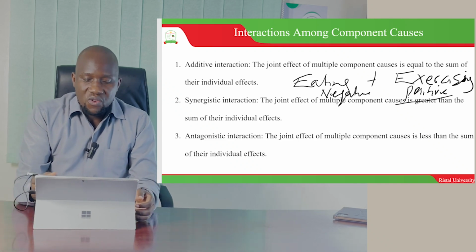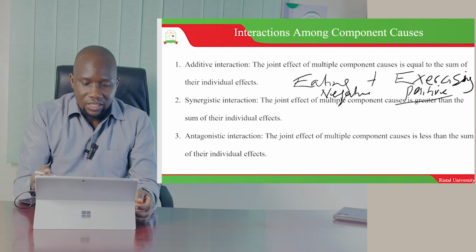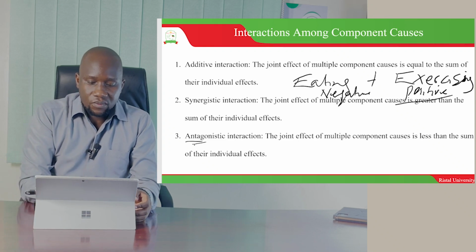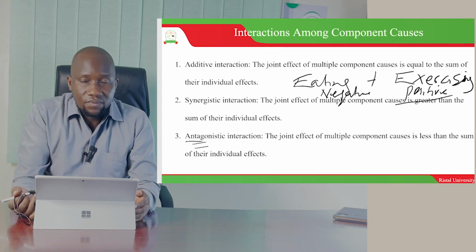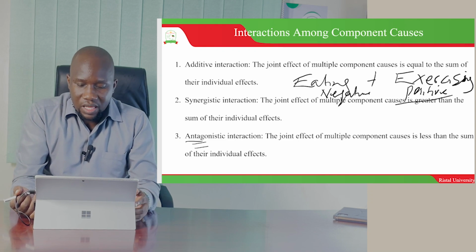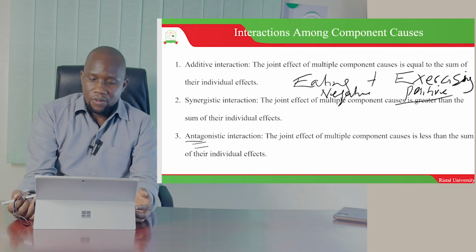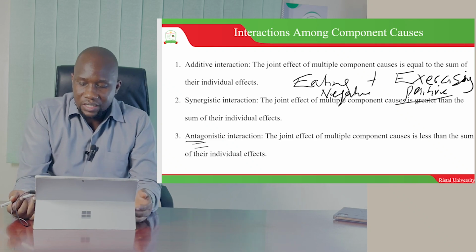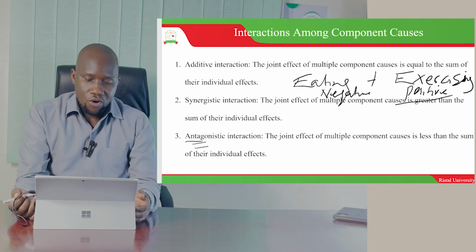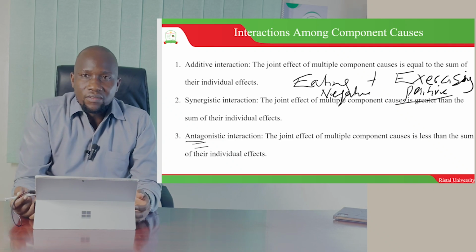Okay? So when you have one that counters, we talk about antagonistic. This is to say that the joint effect of the multiple component factors is actually less than the sum of the individual effects.